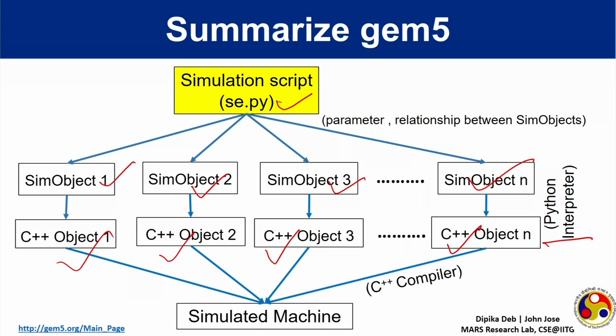And finally, the system is built using the GCC or G++ compiler, and the output of the simulated machine can be found in stats.txt, and the configurations that we used for the simulated machine can be seen in the config.ini file and config.json file.